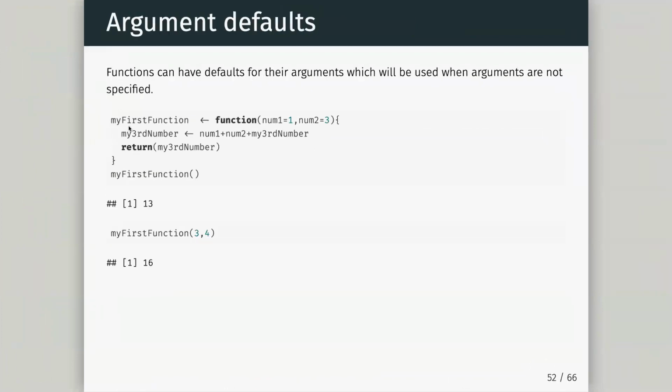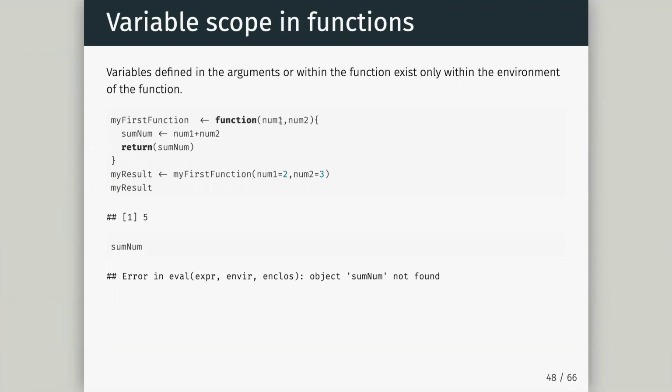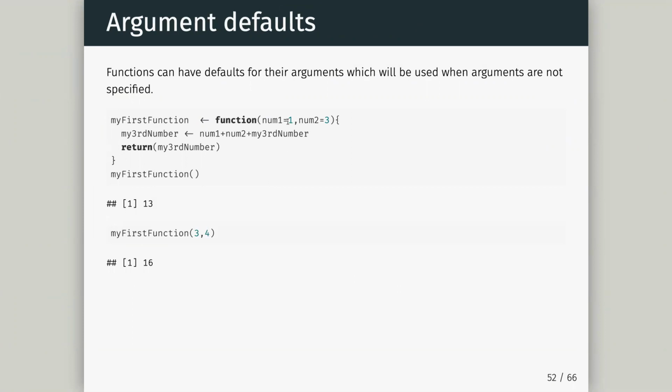Really useful is that arguments can actually have defaults. So previously when we've set this function argument, we've just given it the names of the arguments num1 and num2, but there's no default argument there. If when we build the function, we actually assign a value to this argument here by doing num1 equals 1 or num2 equals 3, then we actually don't need to provide any arguments here.